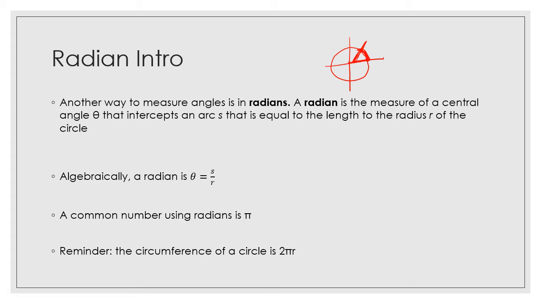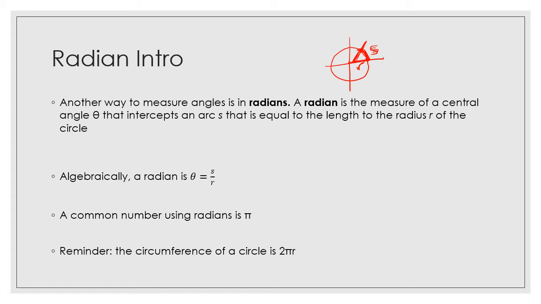So the formal definition is a radian is the measure of a central angle theta. Remember from geometry, a central angle is where the vertex is at the center of a circle, that intercepts an arc S, so this would be my S at this point, that's the portion of my arc that's being intercepted, equal to the length of the radius R. So that is my radius here.